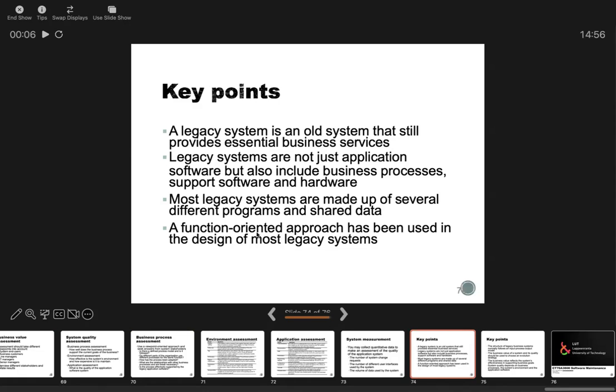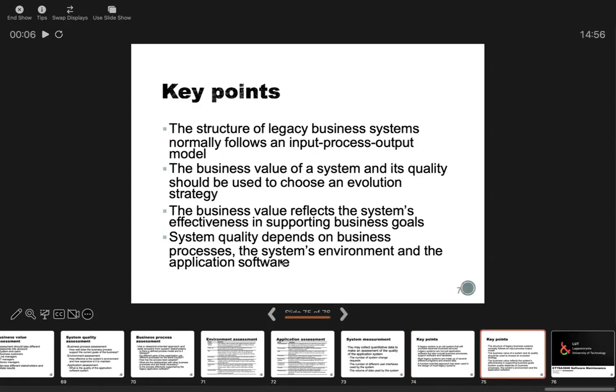This should be function oriented. The structure of the legacy business system normally follows an input, process, and output model, and the business value should reflect the system's effectiveness. So these are actually our key values.